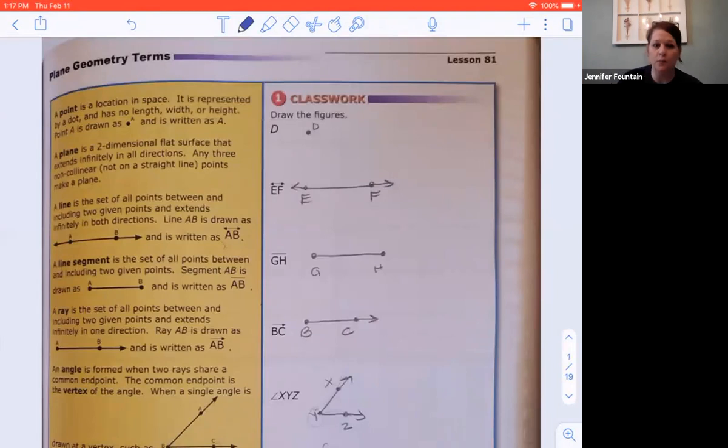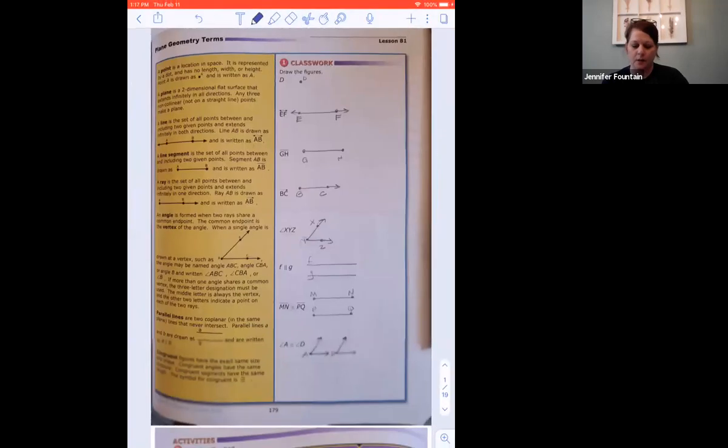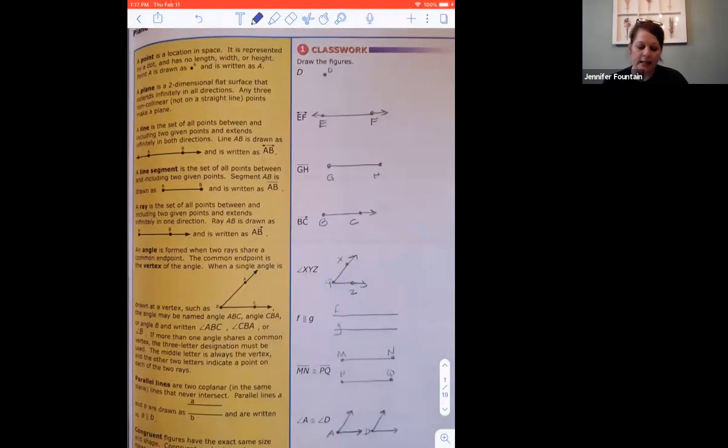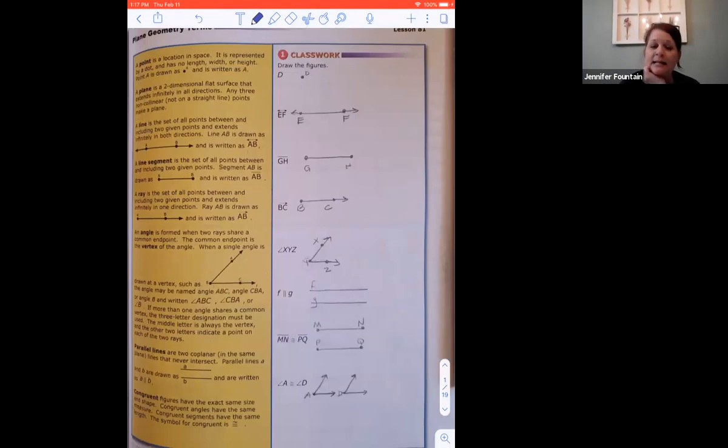Okay, in lesson 81, we started talking about our plane geometry terms. Okay, so we learned about points and lines and line segments and planes and rays and parallel lines, all that good stuff.